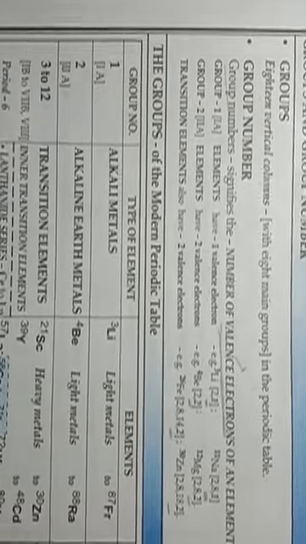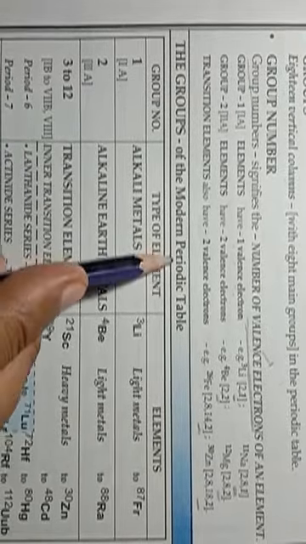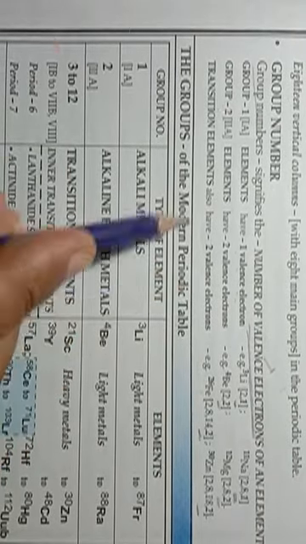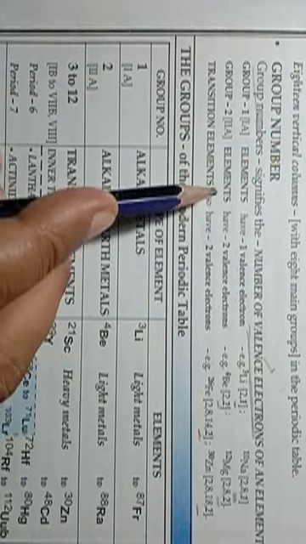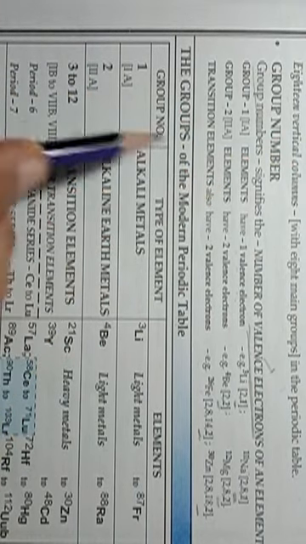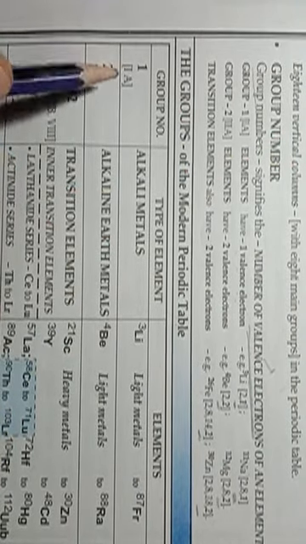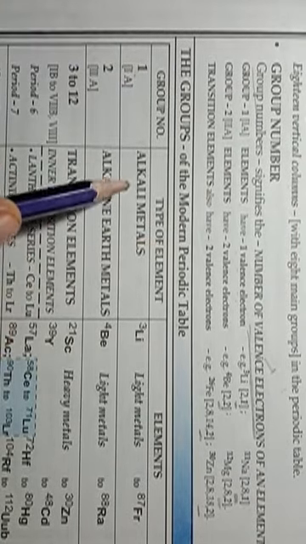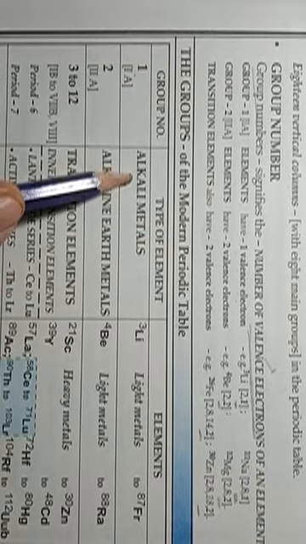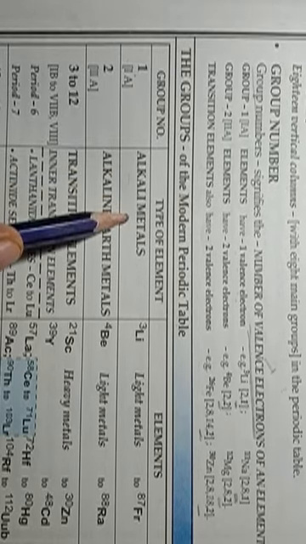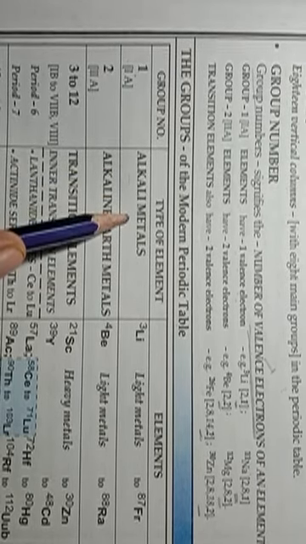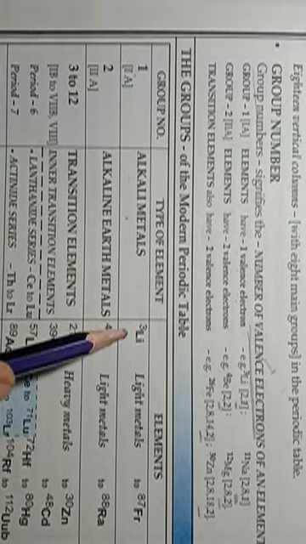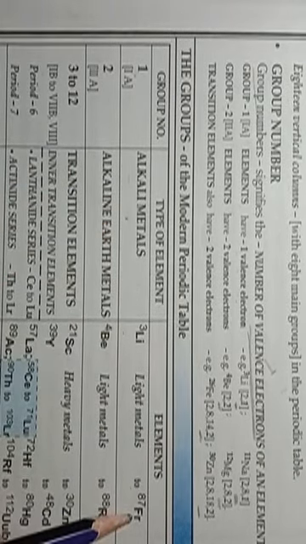The next heading is the groups of the modern periodic table. As I told you already, the 18 vertical columns are known as groups. Group number 1 first, and the elements of group 1 are collectively known as alkali metals. These elements are from lithium to francium.